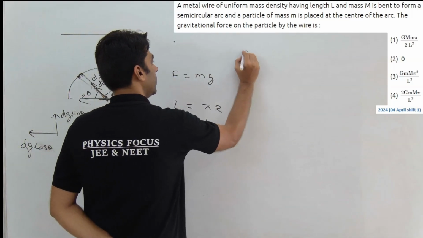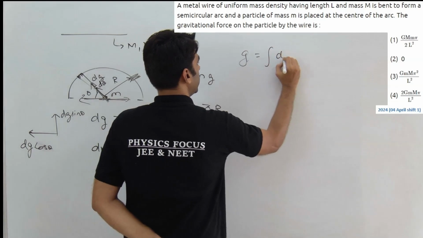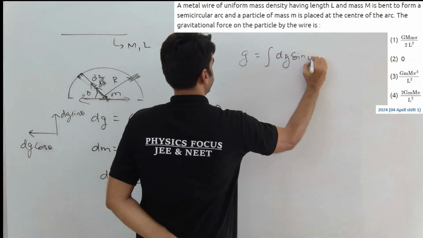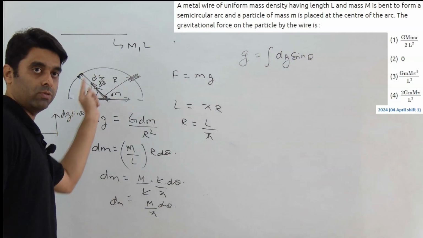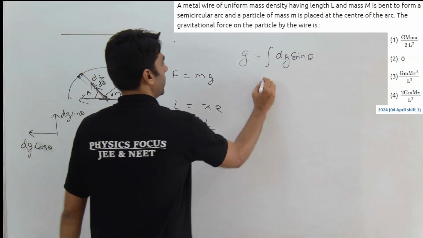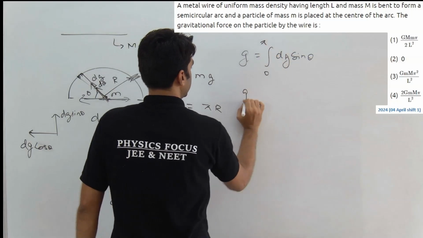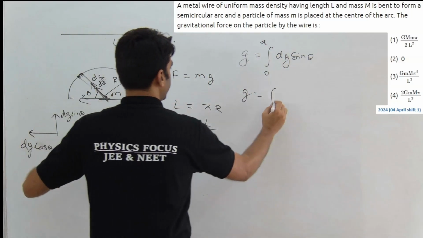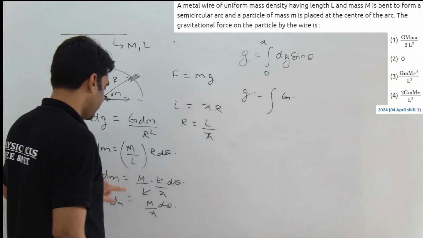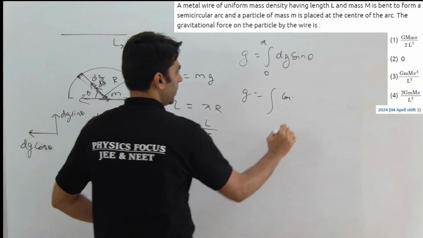So we need to integrate only the sine theta component. So finally, g will be the integral of dg sine theta. From where to where? The limit: theta, as I have assumed, will go from 0 to pi. So g equals the integral of dg sine theta. dg, if we write it, will be G dm by r squared. dm is M by pi d theta.